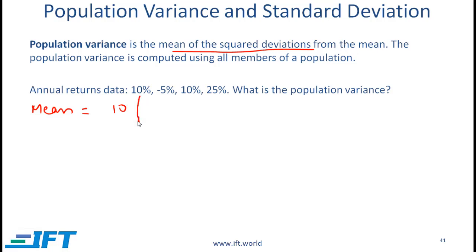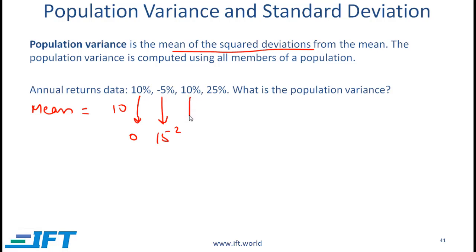For the first data point, the squared deviation from the mean is 0. For the second data point, the squared deviation from the mean is 15 squared, because the deviation of -5 from 10 is 15, and we square that, that gives us 15 squared.